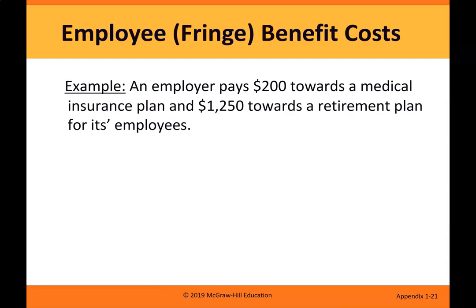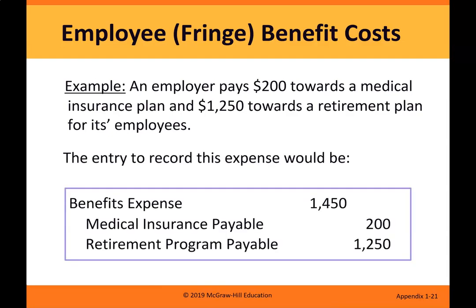For example, an employer pays $200 towards a medical insurance plan and $1,250 towards a retirement plan for its employees. The entry to record this expense would be: debit benefits expense 1,450, credit medical insurance payable $200, credit retirement program payable 1,250.